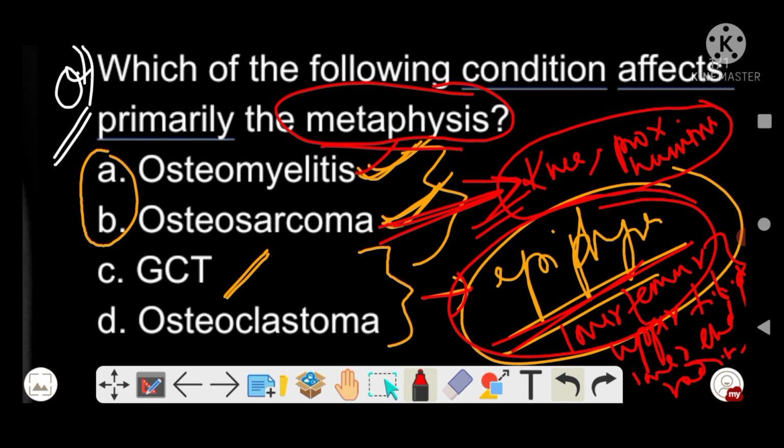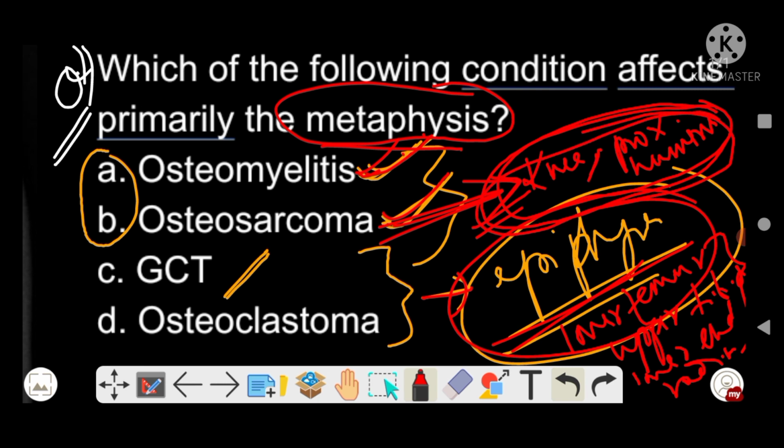So talking about the conclusion regarding this question: osteomyelitis and osteosarcoma both occur in your metaphysis. And the bones involved in osteosarcoma are your knee joint and your proximal humerus.